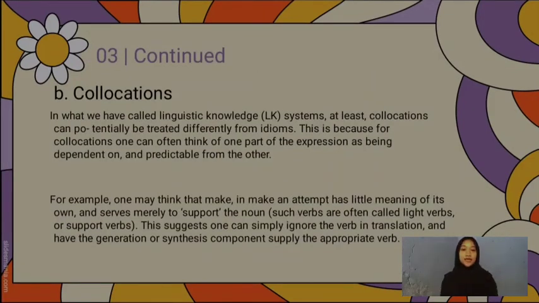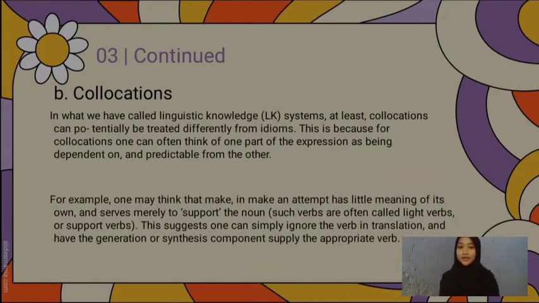The second, collocations. In what we have called linguistic knowledge systems, at least, collocation can potentially be treated differently from idioms. This is because for collocations, one can often think of one part of the expression as being dependent on and predictable from the other.